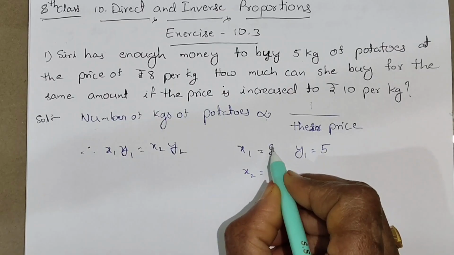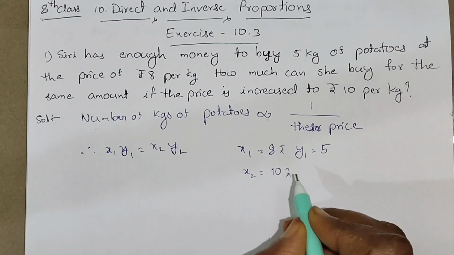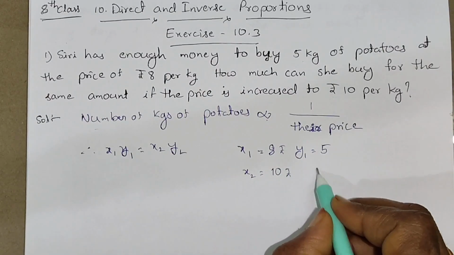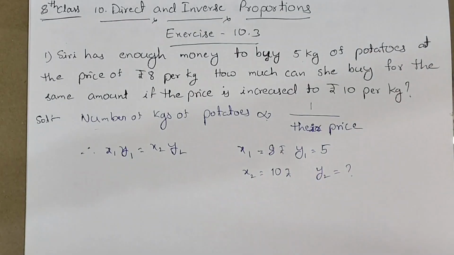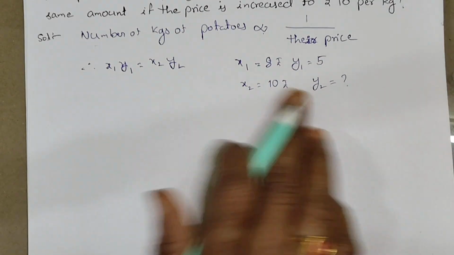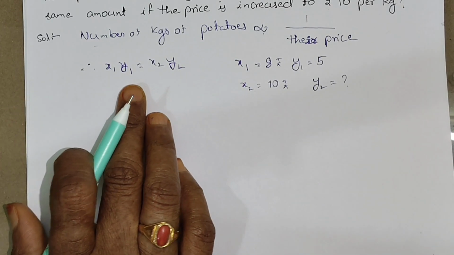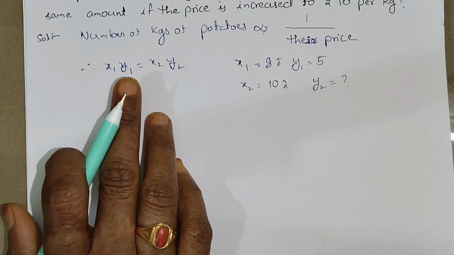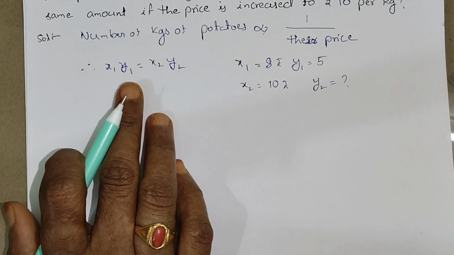Now we find the y2 value by substituting these values in this ratio.